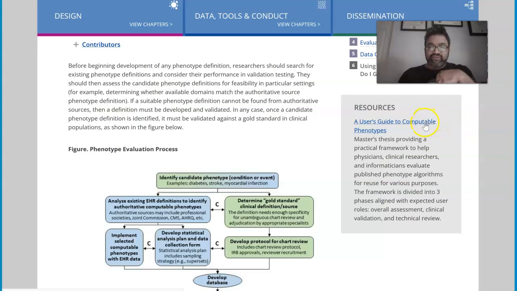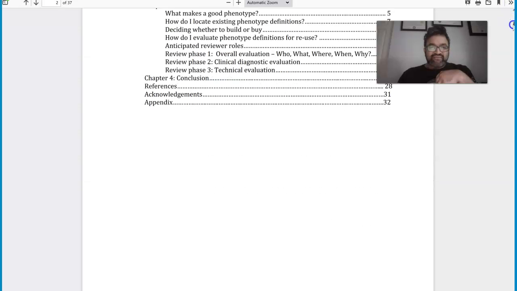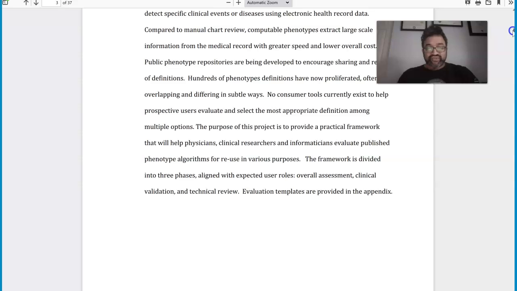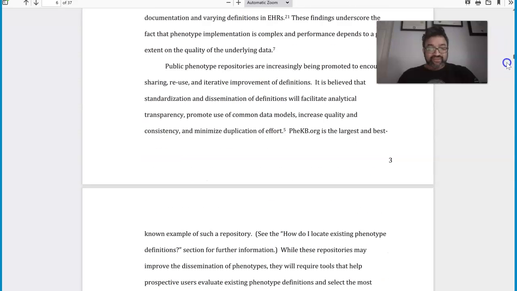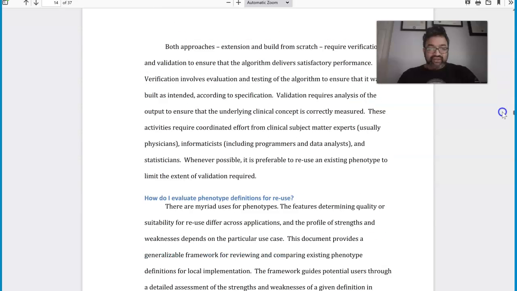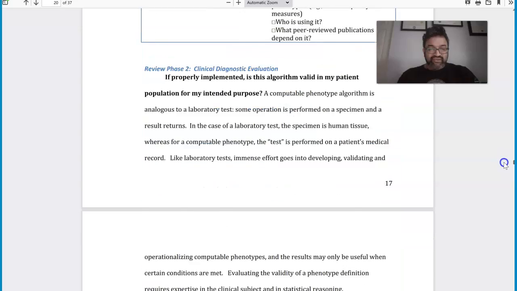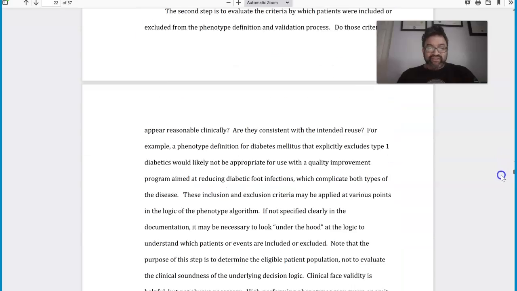Here was a practical framework to compute phenotypes, and this is in fact something, if you're first learning research, that you might want to look into, because it gives a paradigm as to how to do one of these studies.